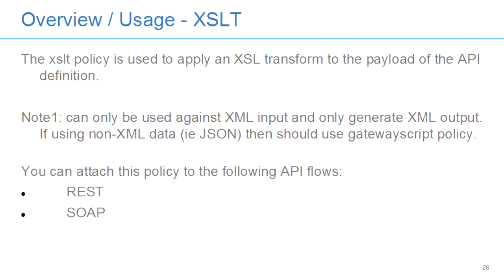It can be attached to both REST and SOAP. The only thing is this policy is only really usable against XML data and can only generate XML output. So if you've got any other type of data, then you should really use the gateway script policy to process that. The XSLT is mainly for use with XML data.